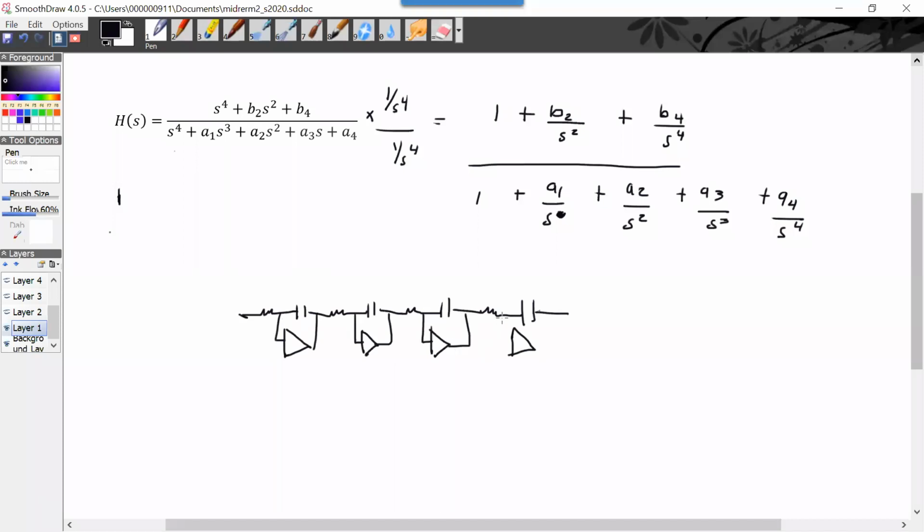Part of the reason why I like to draw it kind of in this way, it's almost like I'm drawing it like it's an algorithm. And that way it prevents me from making silly mistakes. So there are the integrators, right? 1 over s, 1 over s squared, 1 over s cubed, 1 over s fourth. Then we want to do the summer.